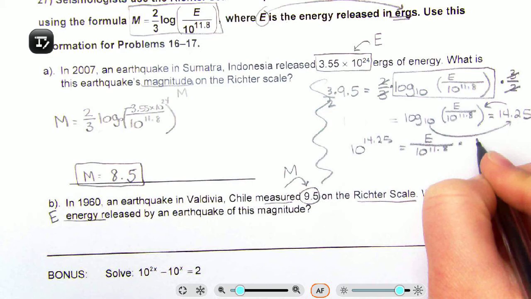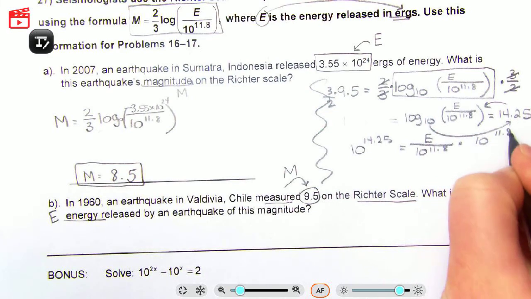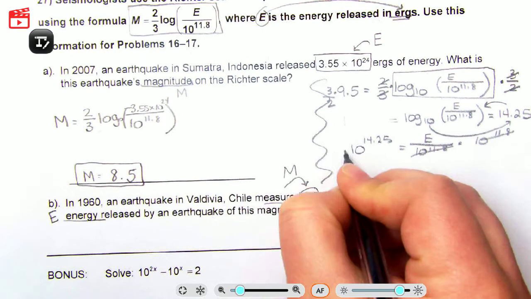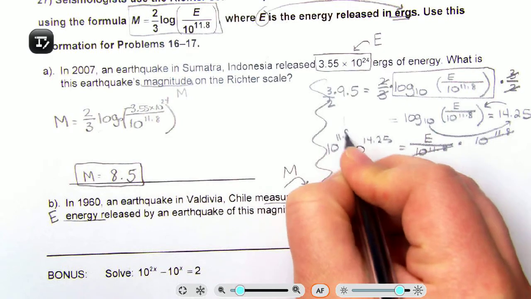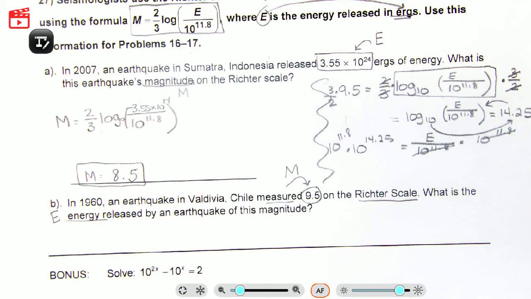So immediately I'm going to multiply by 10 to the power of 11.8 to get rid of that. And then my trusty calculator is going to do the hard work for me, so I'm doing 10 to the power of 11.8 times 10 to the power of 14.25.